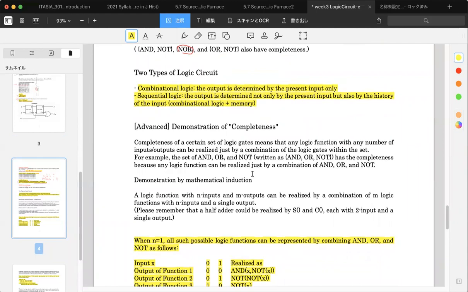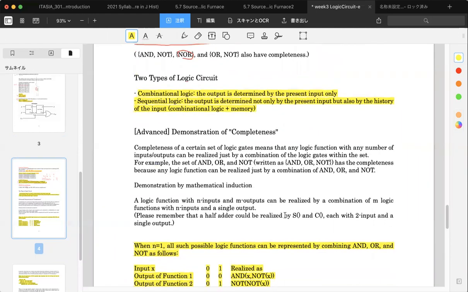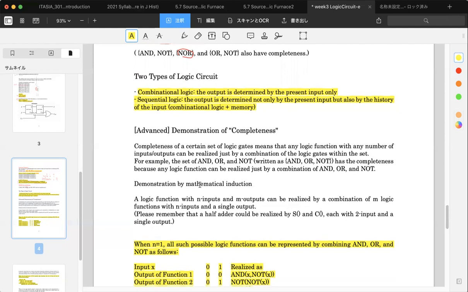But it doesn't make sense, right? Because if C is combinational logic, why does it suggest the curry? The curry should have considered the history of the input, right? Maybe it's just a coincidence. Who knows?